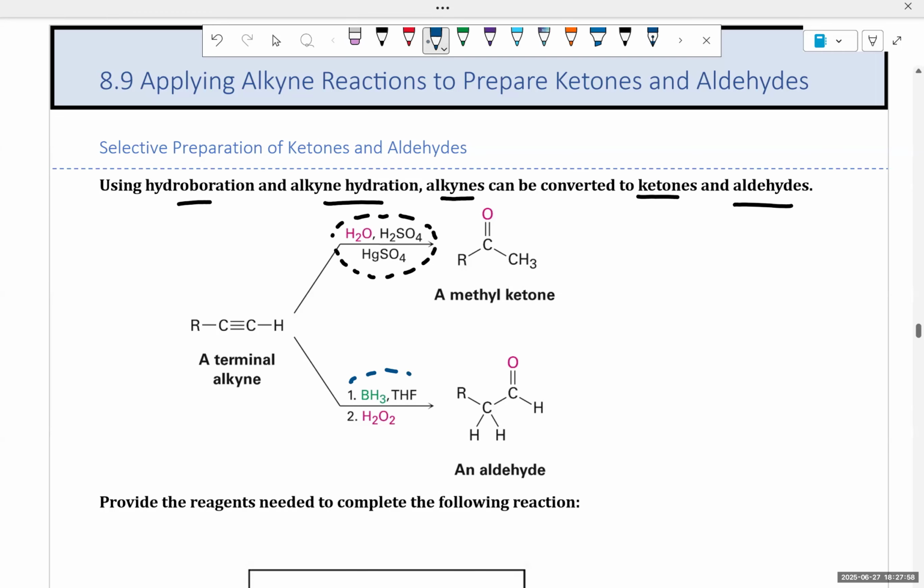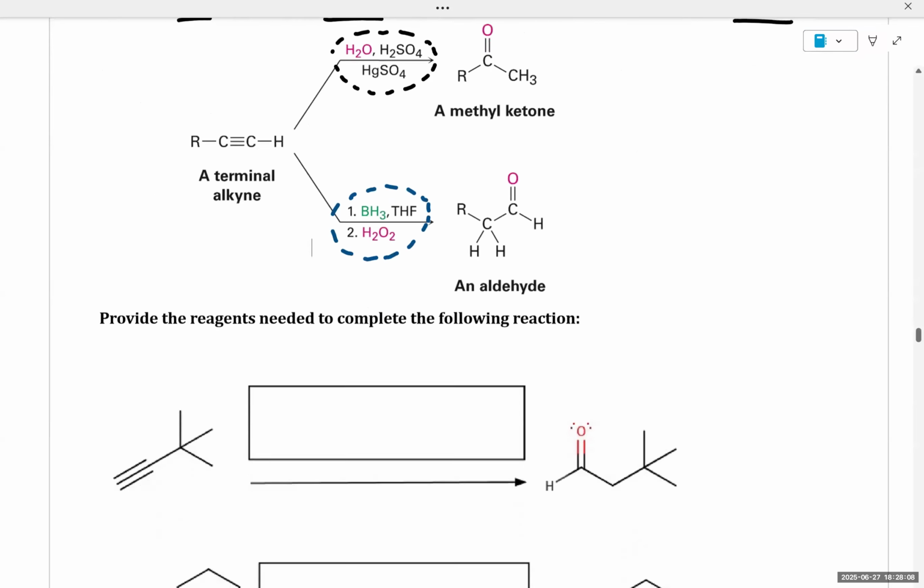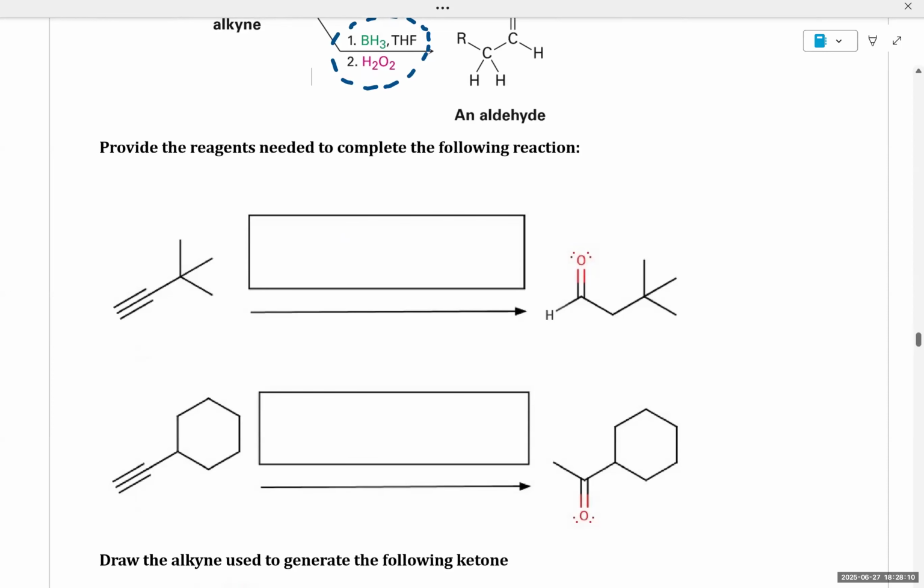If you want the aldehyde, you do hydroboration oxidation. To make sure that you're clear on how to apply these reactions, I'd like you to provide the reagents needed to complete the following reactions. So we have two reactions, and I want you to give me two sets of reagents. So please pause the video, work through this example, and then we'll discuss.